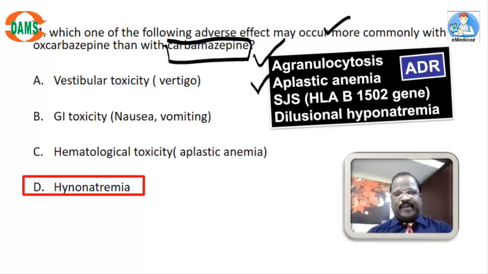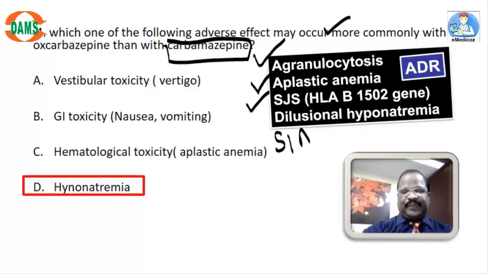And one more important point, in a patient with the HLA-B1502 gene, if you give carbamazepine for treating epilepsy, there is a high risk of causing Stevens-Johnson syndrome.